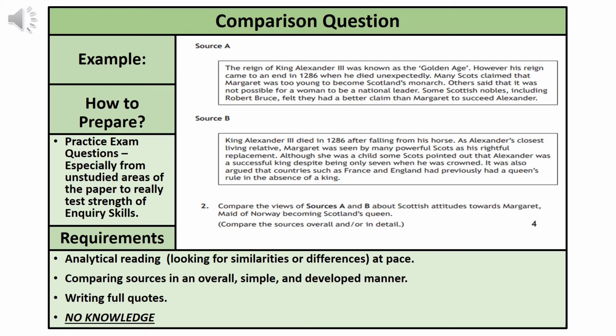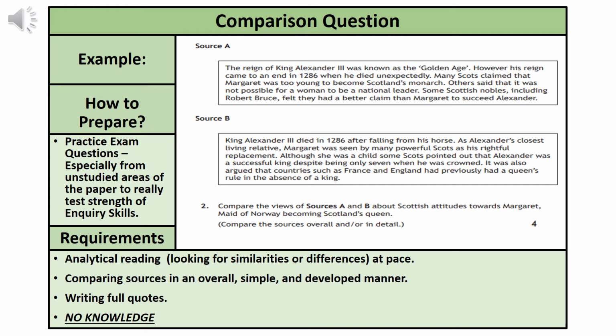So they need to have the ability to compare the sources in an overall sense. So do they agree or disagree overall? To then pick particular points from the source which the sources agree or disagree on, and then back this up with quotes to gain a simple and then developed comparison mark.